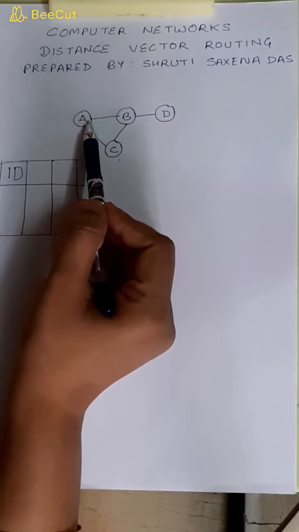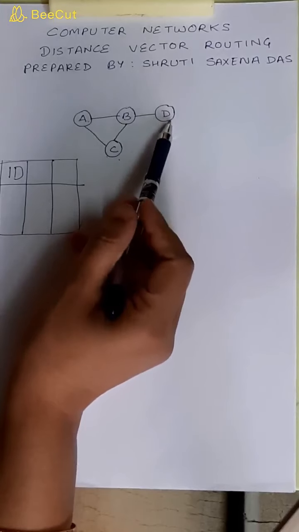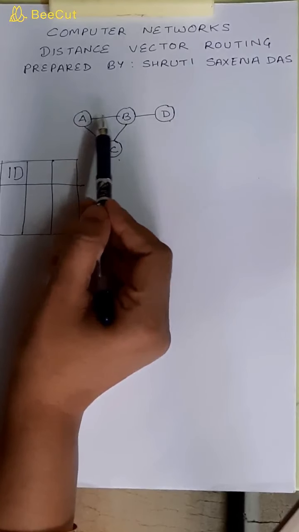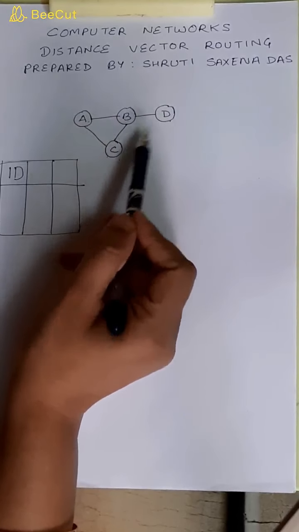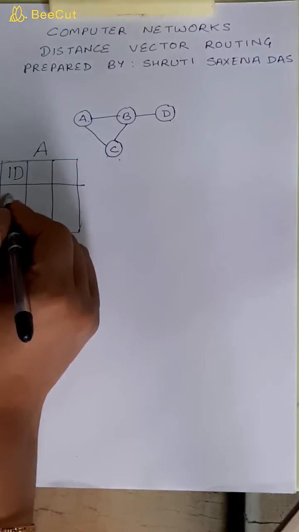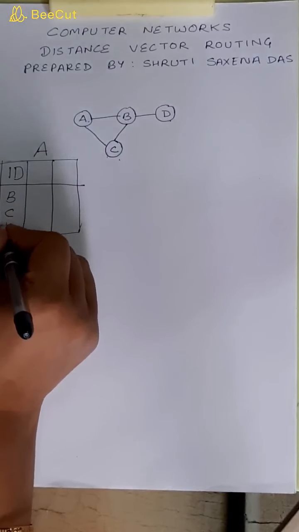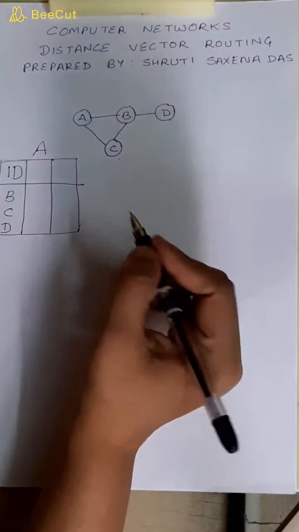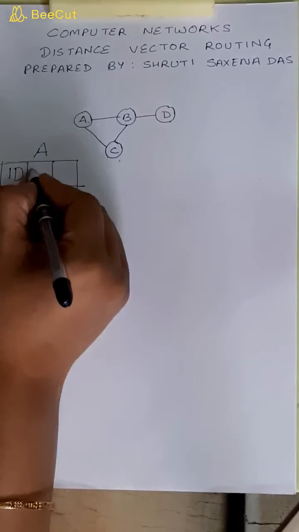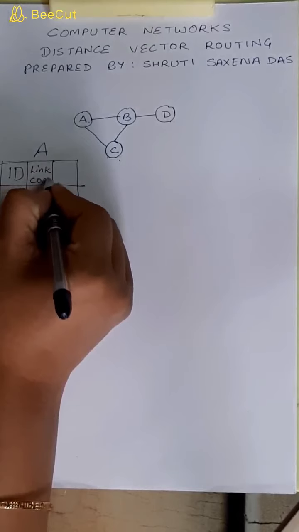If A is maintaining a routing table, and the network has B, C and D, then the table should contain destinations B, C and D. The second field will be link cost.